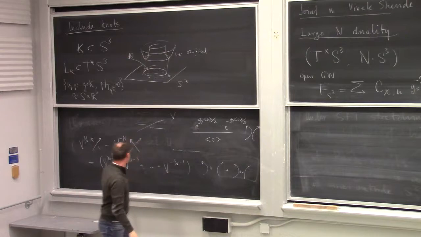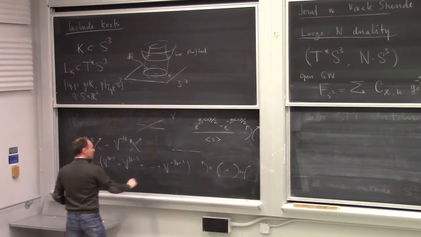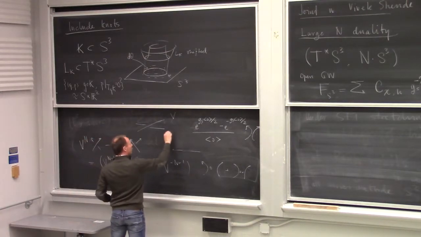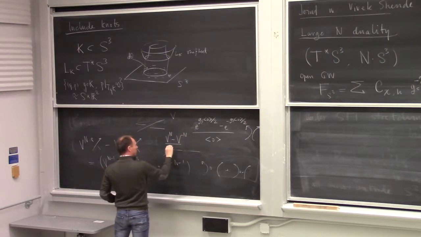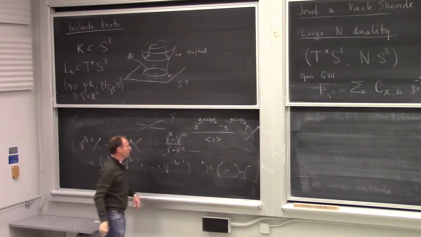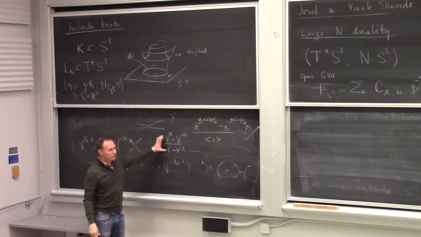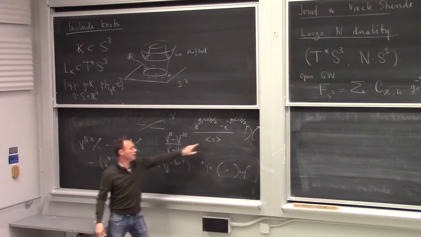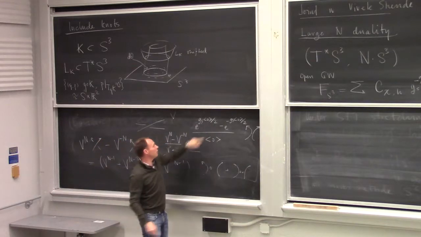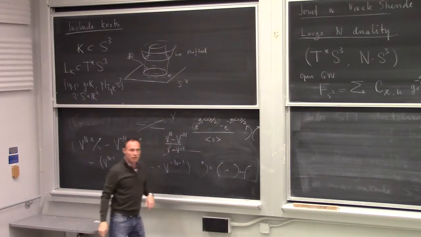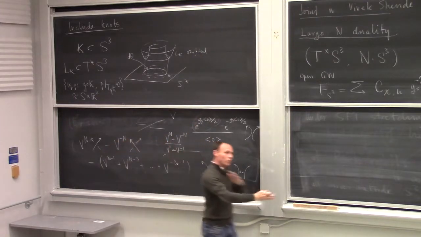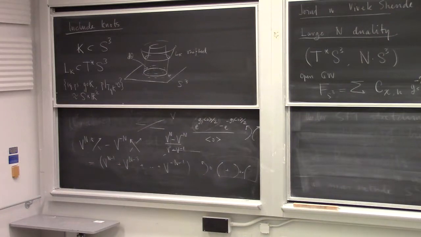And so when you sum this thing up, you find that this is exactly equal to v to the n minus v to the minus n over v minus v minus 1. And this is none other, in the right variables, than that guy. So basically you have to put v equal to that thing. And then the skein relation holds for the boundaries of the holomorphic curves, and you get the large n duality.